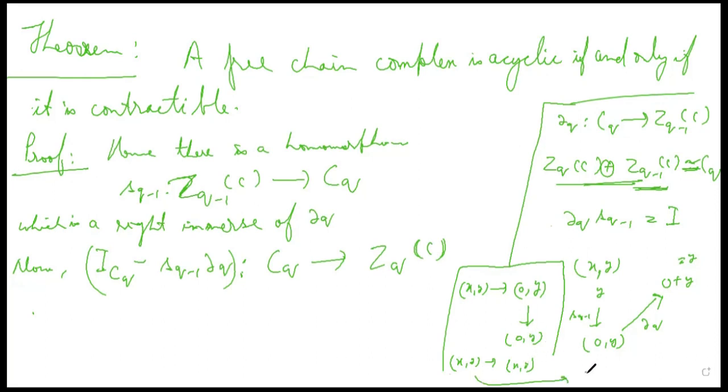So y will cancel, it is (x, 0). But (x, 0), when you apply the boundary map ∂_q, you will get (0, 0). So it means that this is an element of Z_q(C). So that is why this is a map from here to here.